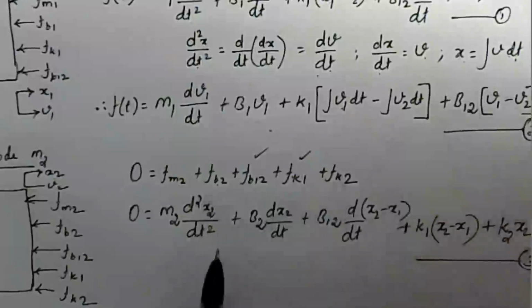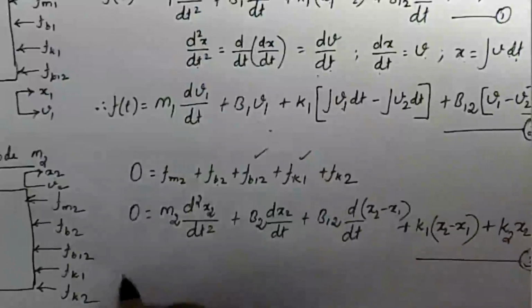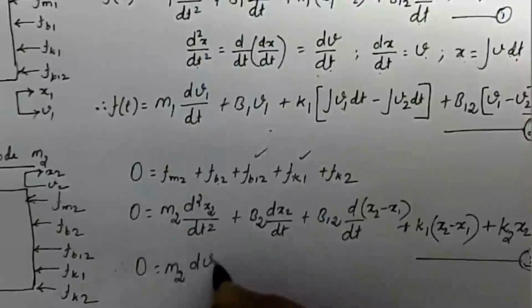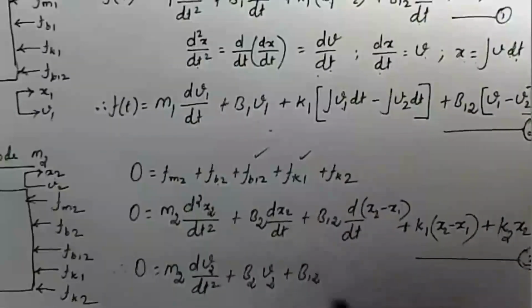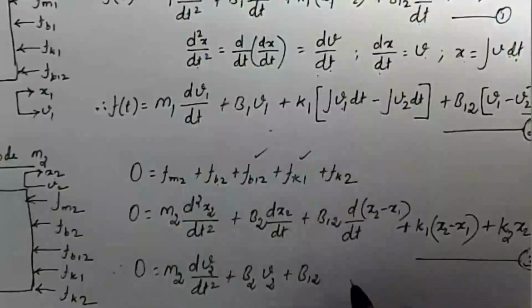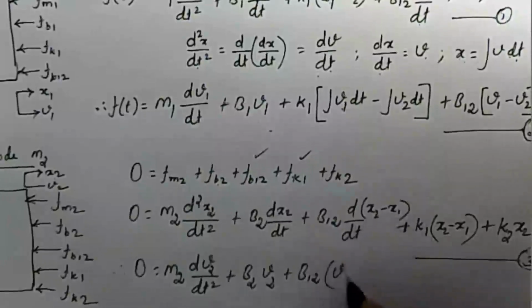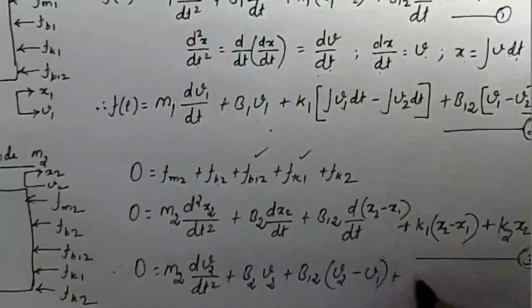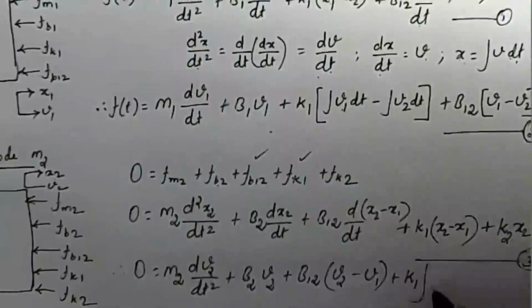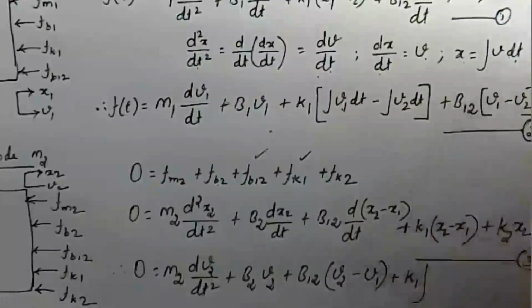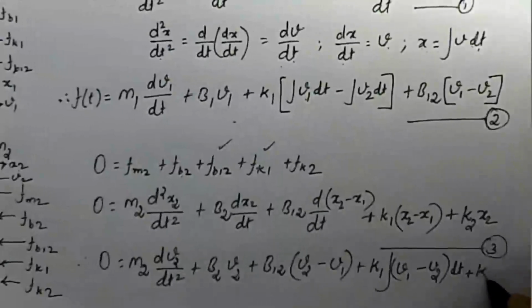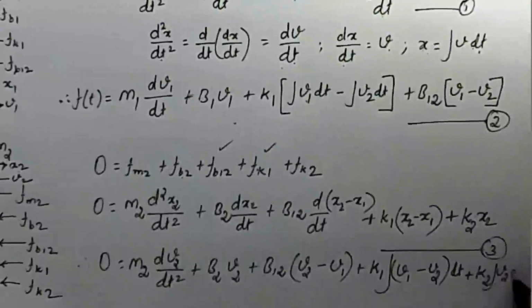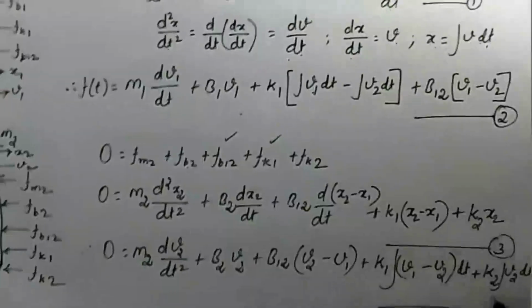On replacing the displacement by the velocity in the third equation, this equation becomes 0 is equal to m2 into dv2 divided by dt plus b2 into v2 plus b12 into d by dt of x2 minus x1, which is v2 minus v1, plus k1 into integral of x2 minus x1, the integral is v2 minus v1 into dt, plus k2 into integral v2 dt. This is taken as equation number 4.